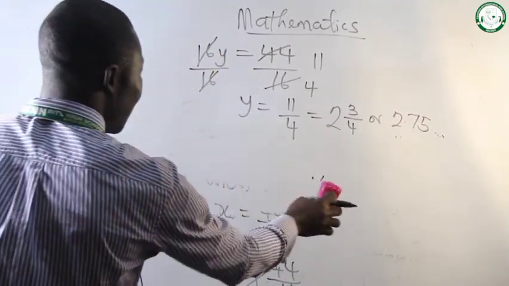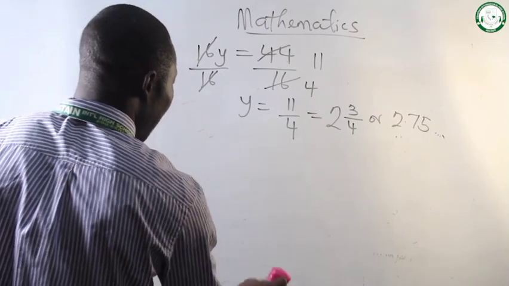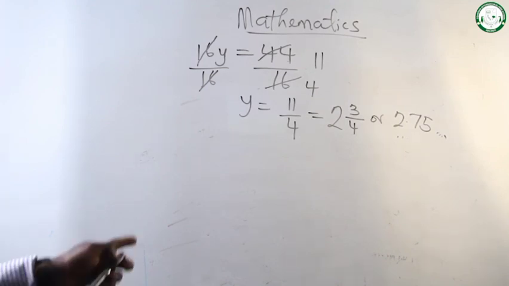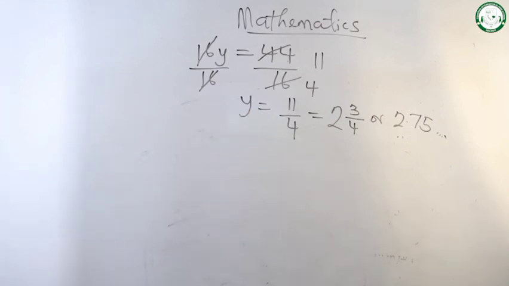That's all about example number 1. It means when our x equals 16, our y equals 2.75. That's question number 1.